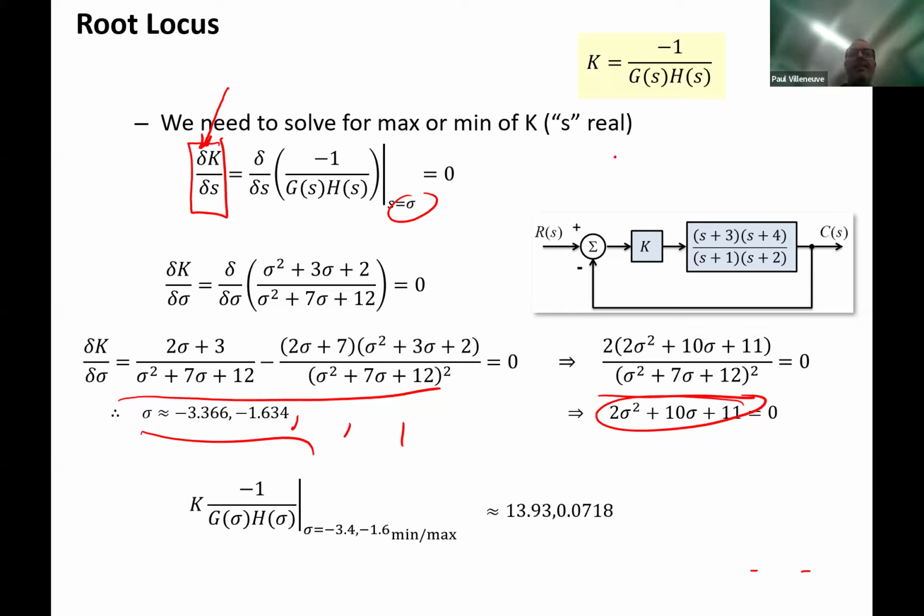But if you had to take the derivative of this, that's a little more difficult, because then you have to use the chain rule. It's just easier to expand s squared plus 7s plus 12 and find the derivative of that. That's usually much, much easier.